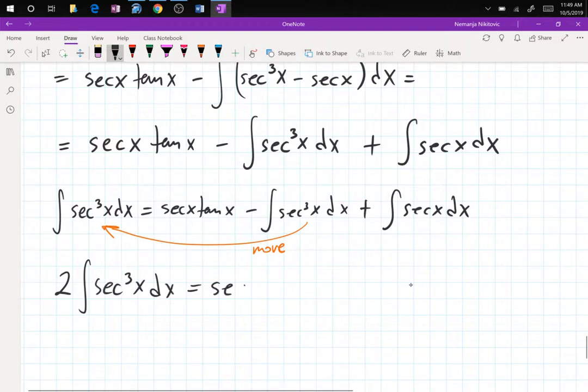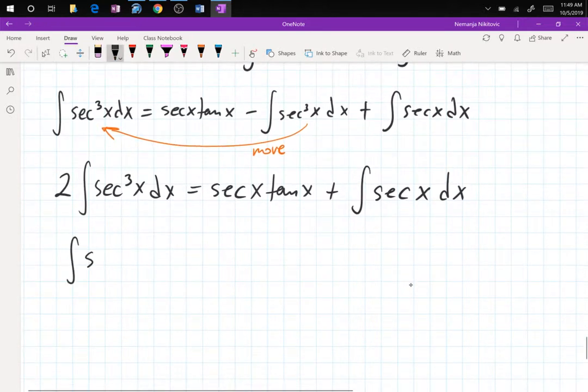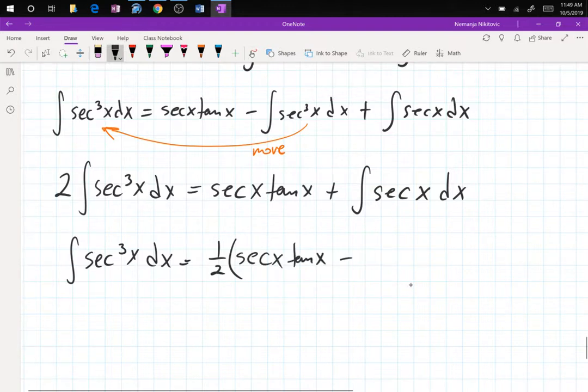That gives us secant x tangent x plus the integral of secant x dx. So now the integral of secant cubed x dx is 1/2 of secant x tangent x plus the integral of secant x dx.